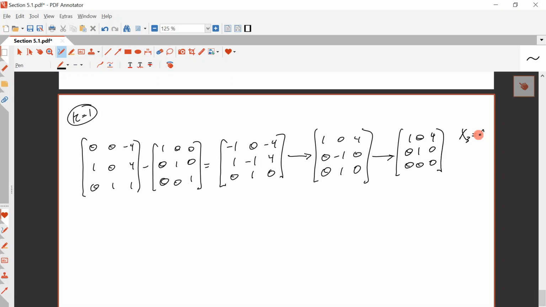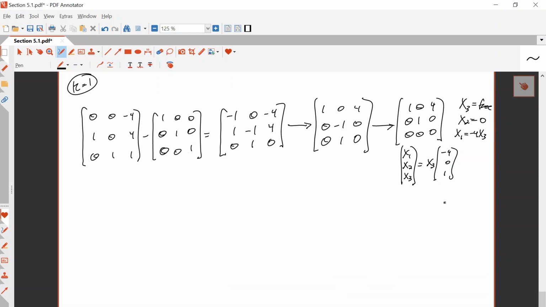Alright, so x3 is free, x2 is 0, and then x1 is minus 4 x3. So eigenvector x1, x2, x3 is x3 times minus 4, 0, 1. Alright, so there's my eigenvector. Let's check.